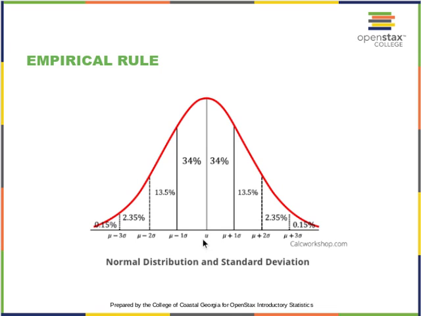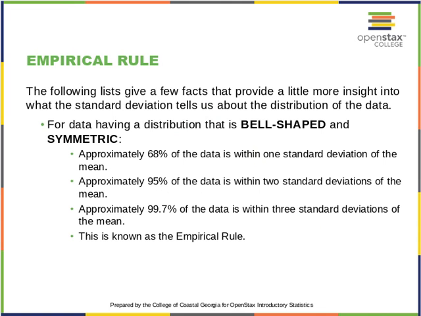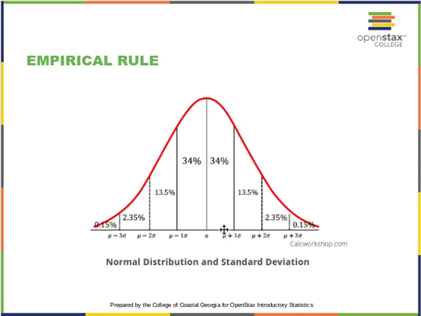Now, everywhere between mu and minus a standard deviation is going to give us 34%. Mu plus a standard deviation is going to give us 34%. Together, within 1 standard deviation, we have 68% of the data. And then 2, and then 3.